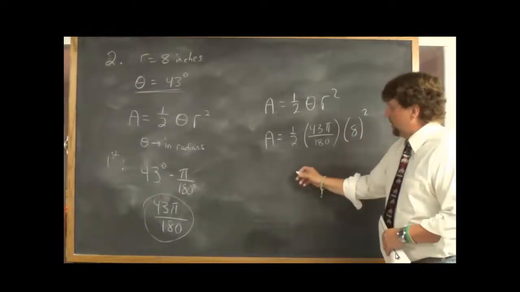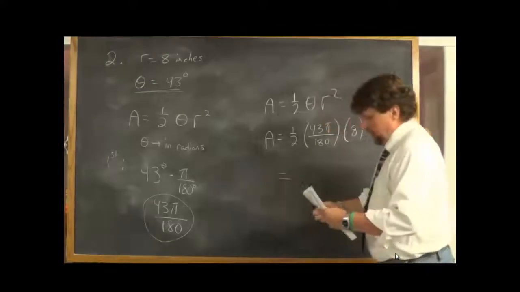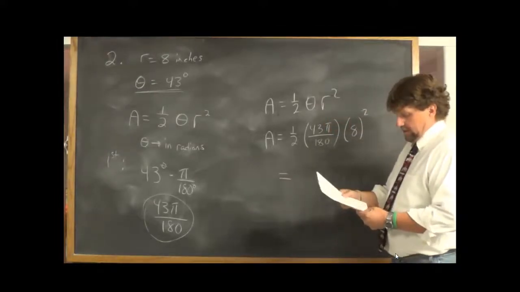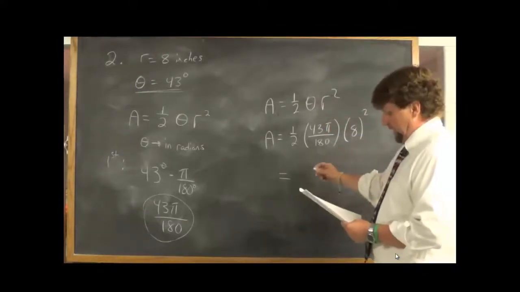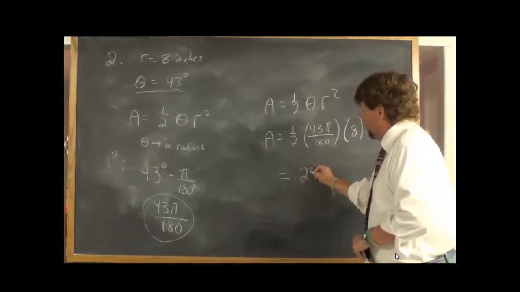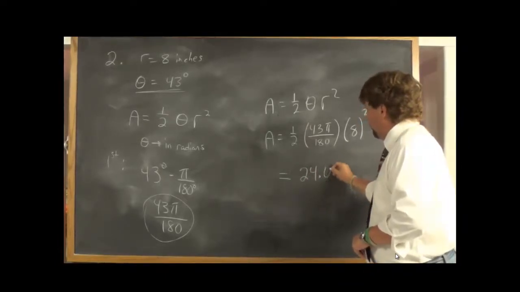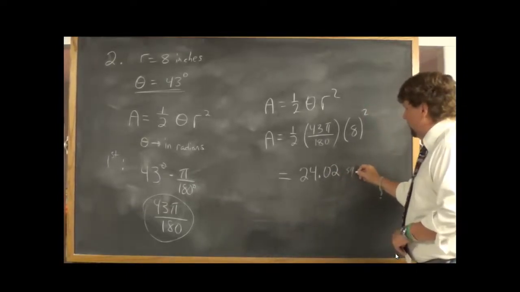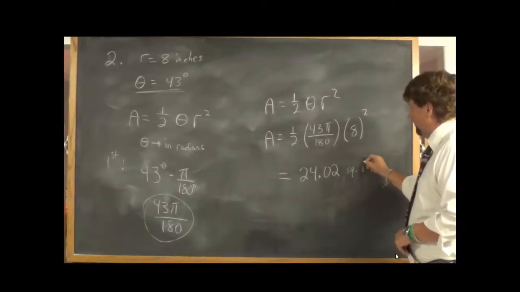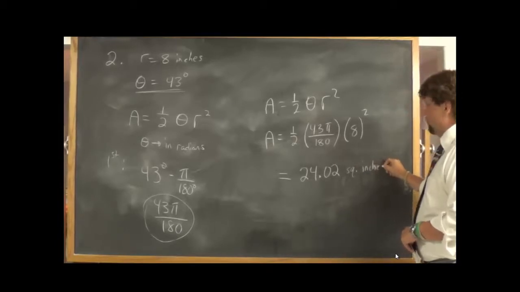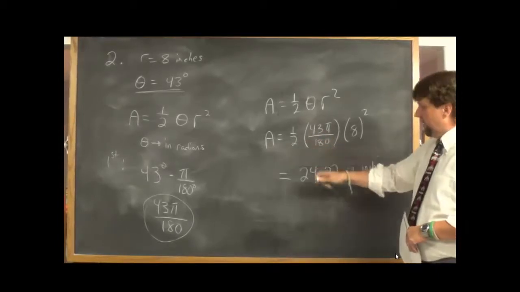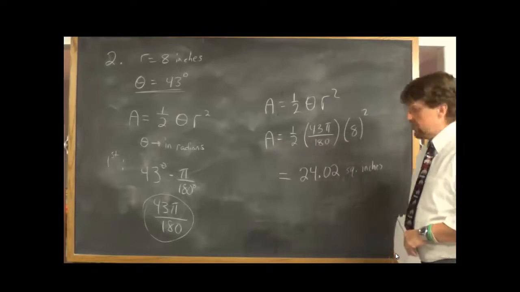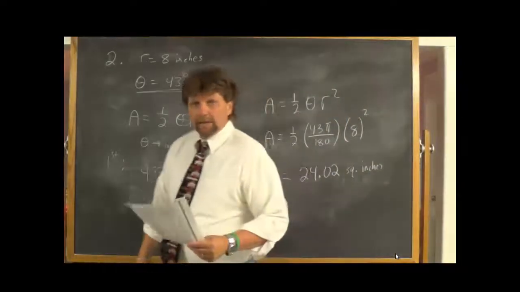And if you use your calculator and multiply all this out, you should get the area, rounded to 2 decimal places, to be 24.02, and then we should include some units here. The units are square inches. Since we're talking about area, it's square inches. And that's number 2.